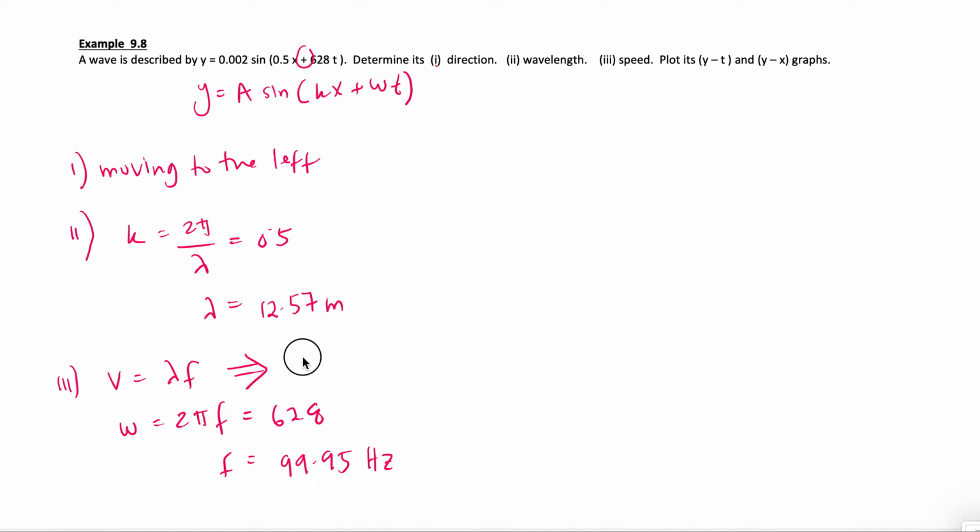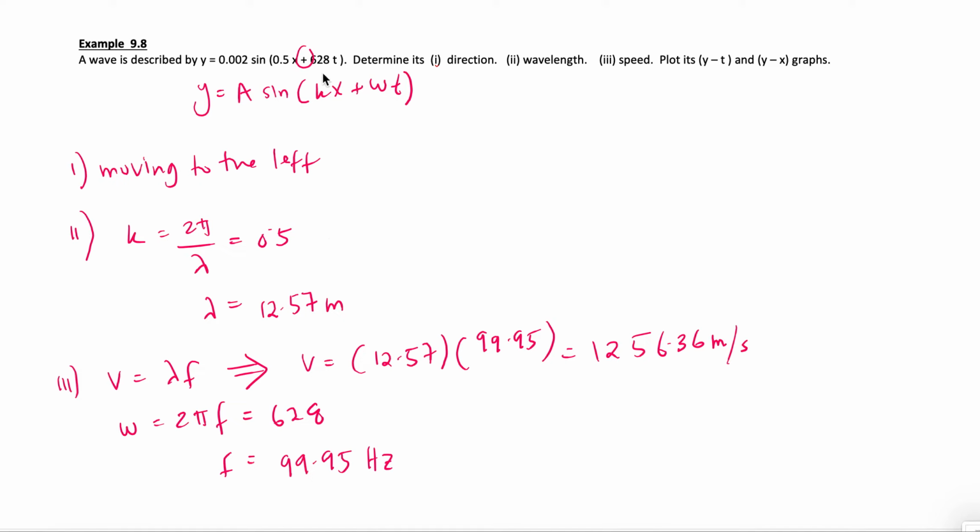So now I can solve for my v. So v equals 12.57 times 99.95 per second, which gives me 1256 meters per second. That's a lot. Is this answer correct? So that is number 3.